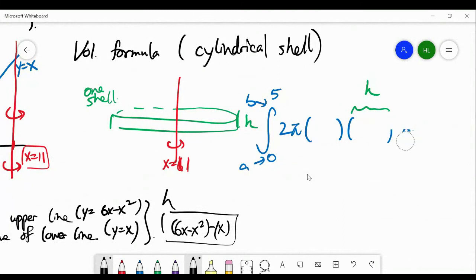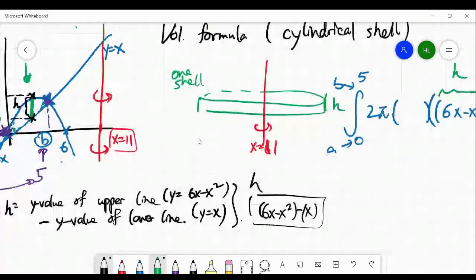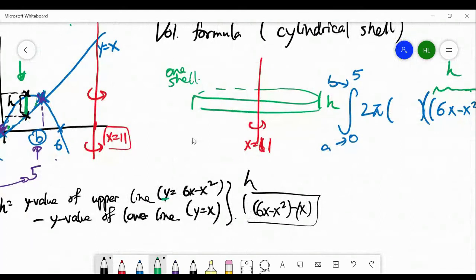So let me put it in here. Or you can just keep it in your mind that in such a situation, to measure the height of such a cylinder, you just always do upper line minus lower line. Because in this case, we look at the y coordinate, the y difference of the two points, it makes sense that we look at the y value as an expression in x, right?